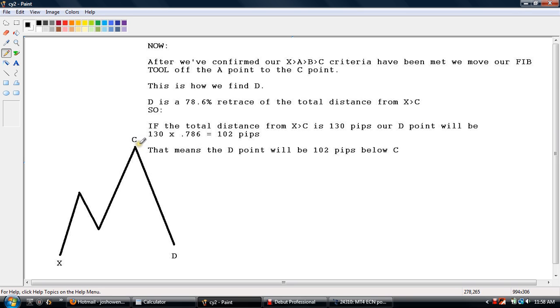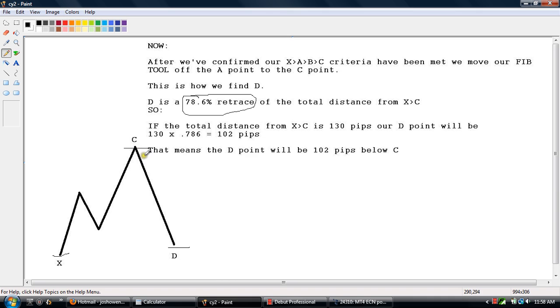And the D entry right here is going to be a 78.6 retrace of this total distance here. Okay?